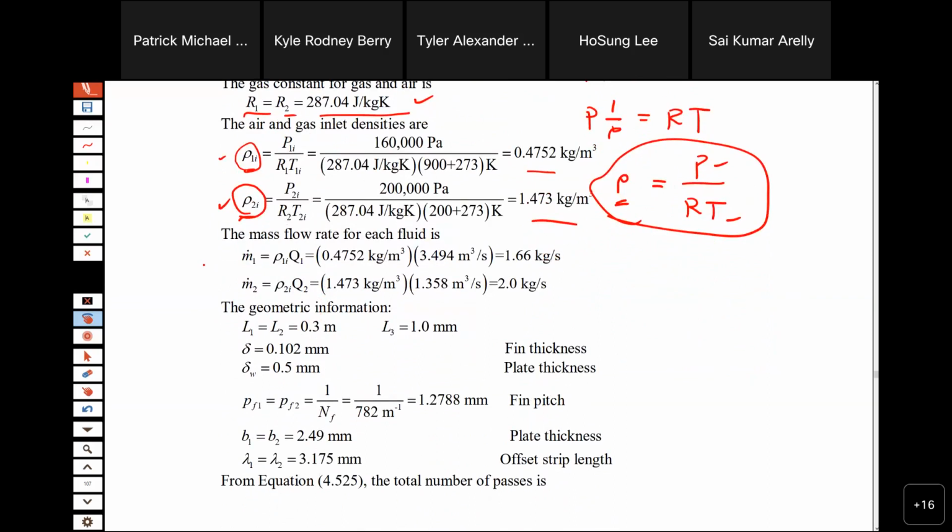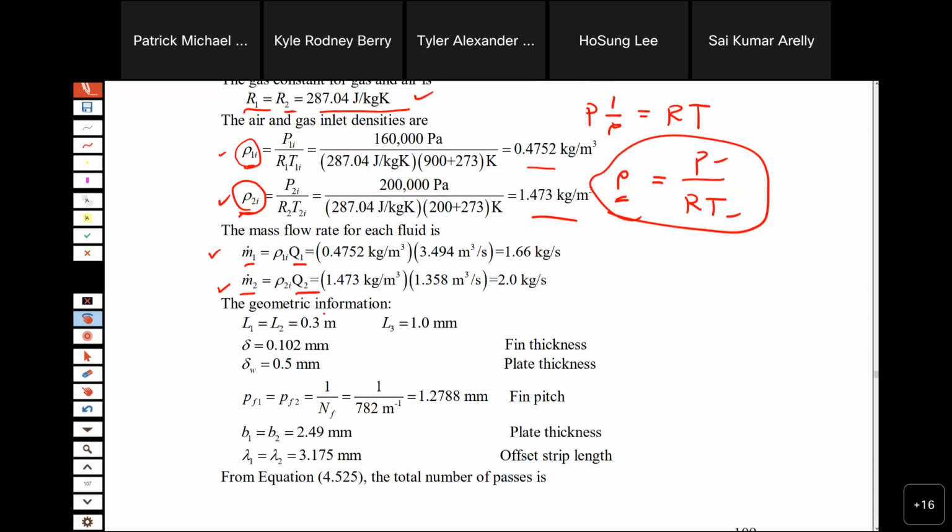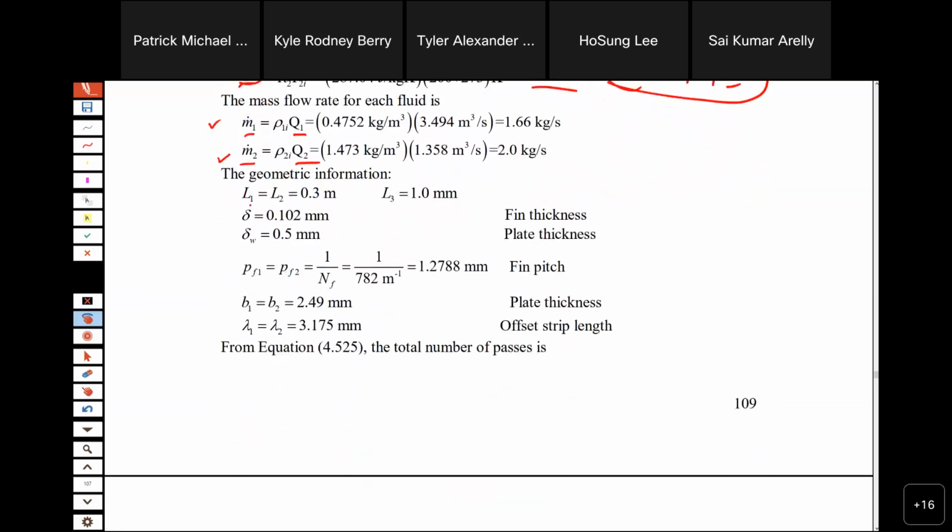Okay. Thank you. And then mass flow rate: once you have a volume flow rate, then you can calculate the mass flow rate. And L1, L2, L3 are given in this problem, so that I can use it.